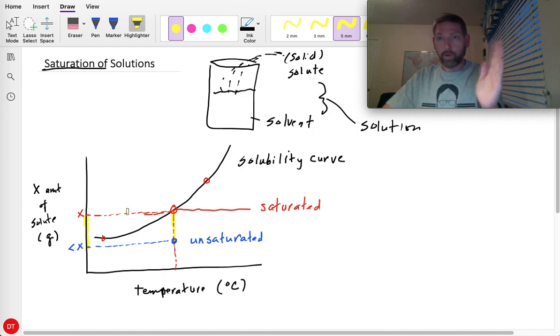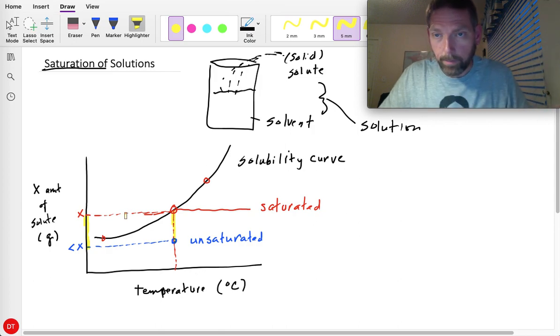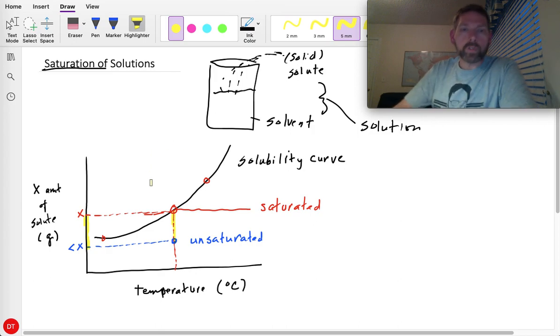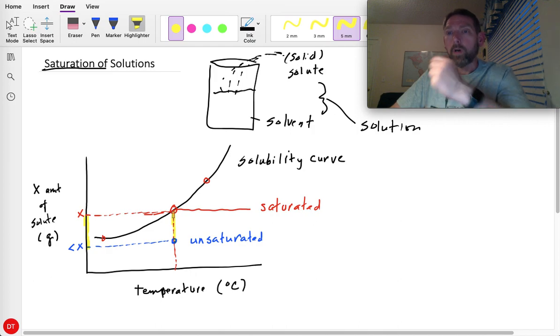I don't care if you're talking about parallel, left to right or up and down. It's still the same value. So what we're saying is whatever this is here, here's x. This is less than x. Whatever the difference is right there, at this temperature, it could still hold that much more of the solute, whatever solute it happens to be.